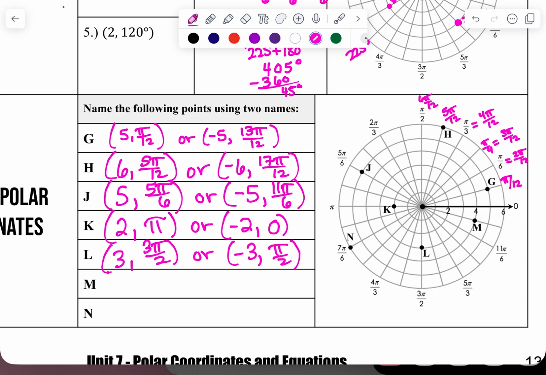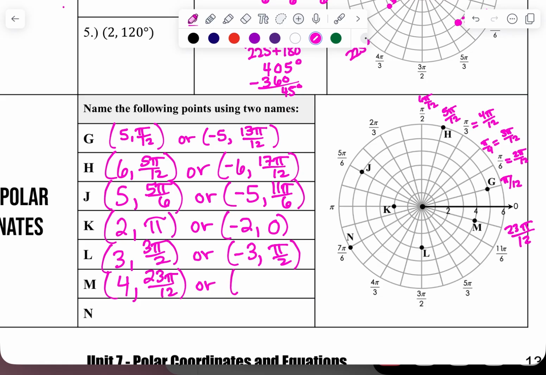M, we're 4 units out, and remember we're counting by 12, so this is 11 pi over 6, which would have been 22 pi over 12, and so this will be 23 pi over 12. So we're 4 units out at 23 pi over 12.